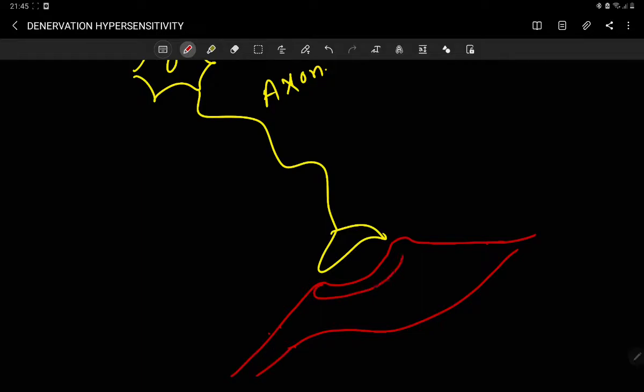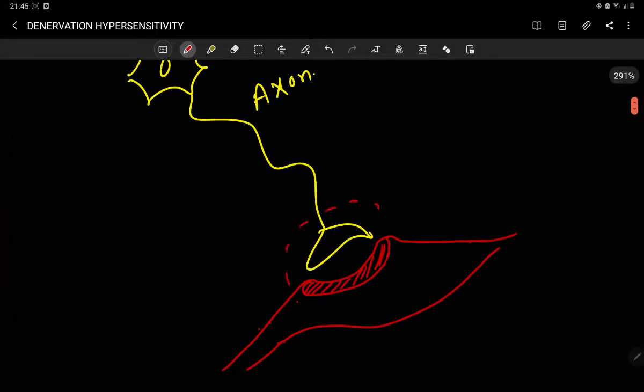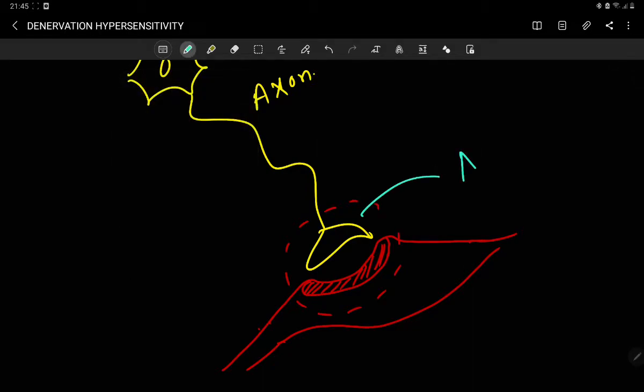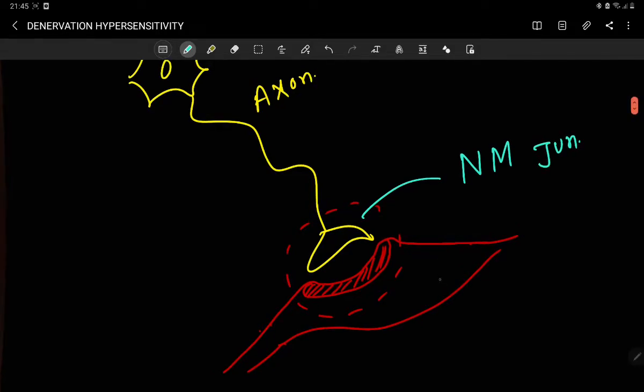This is called the motor end plate of the muscle. So there is a neuromuscular junction here, and this is a muscle.